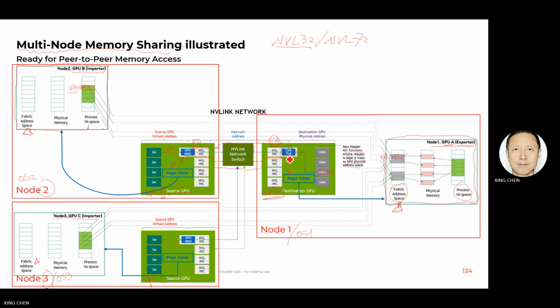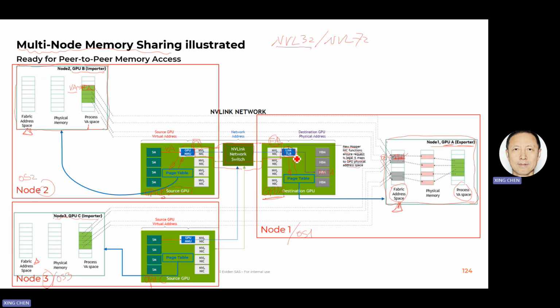So it has consulted this page table, and it has found that for this fabric address to get the data, all this GPU needs to do is to read data from the physical address that has been stored in this page table, in this entry referred by this fabric address.